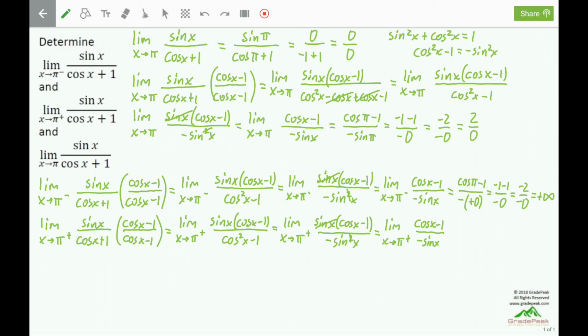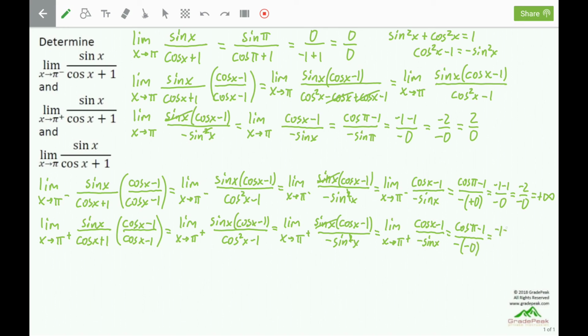x is approaching pi from the right side. The right side of pi means larger than pi, but near pi. On the unit circle, larger than pi but near pi, we'll put it in the third quadrant. Sine in the third quadrant is negative. Sine of pi is 0, so it's approaching 0, but it's going to remain negative the entire time, so the sine of x can be replaced with a negative 0. Pi can plug in for all other x's, giving cosine of pi minus 1 divided by a negative of, sine can be replaced with a negative 0.